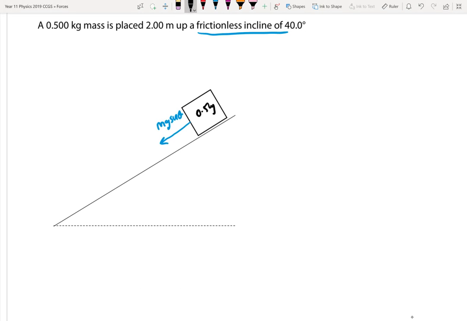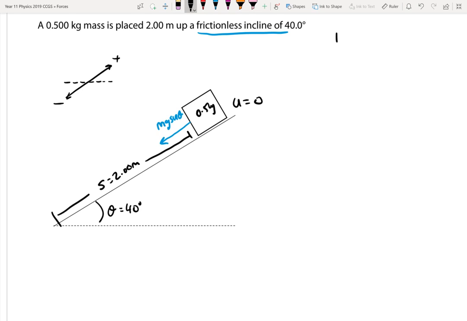I still wish for you to assign your convention. Tell your marker that up the incline is positive, down the incline is negative. We'll say that it's travelling S equals 2 meters. We have an angle of 40 degrees. And we'll start off that it's stationary.